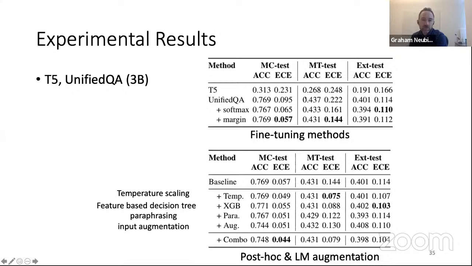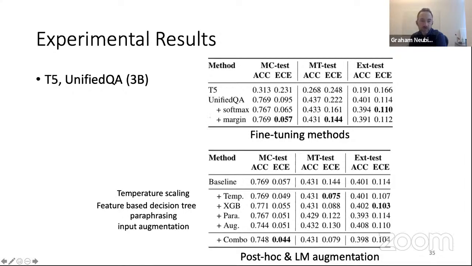However, when tested on the out-of-domain data set, we can see that the expected calibration error is 0.22, which is actually quite high. The T5 model, which is a language model that was never trained on QA, actually does quite poorly here. It has an accuracy of 0.3 and ECE of 0.231.